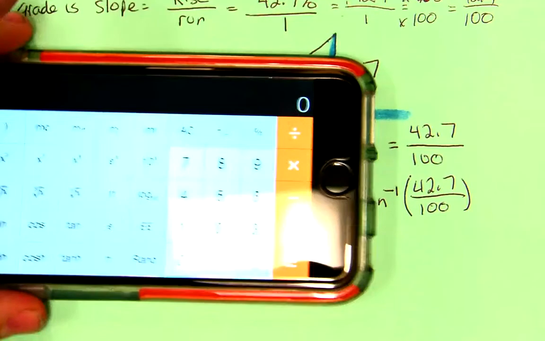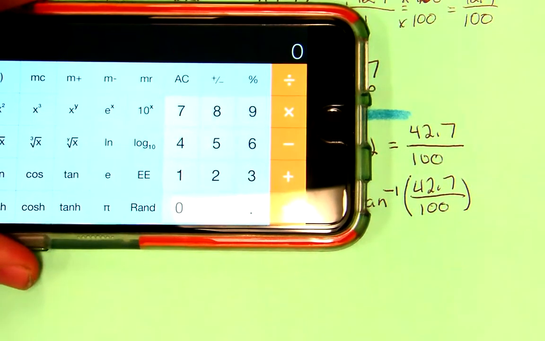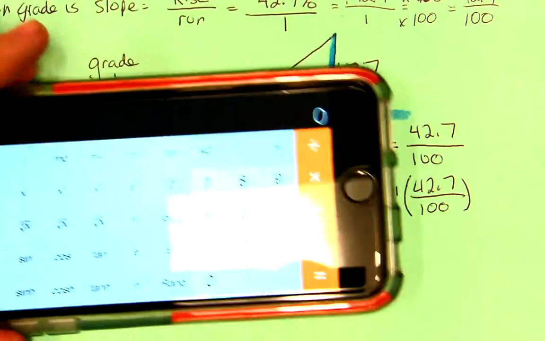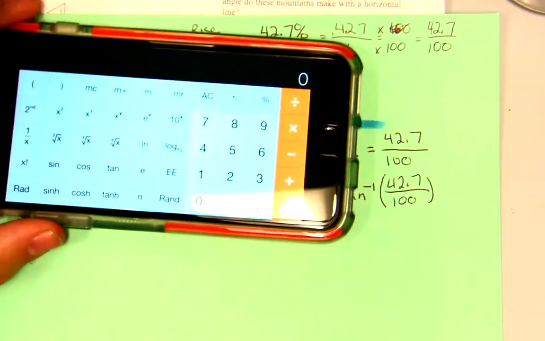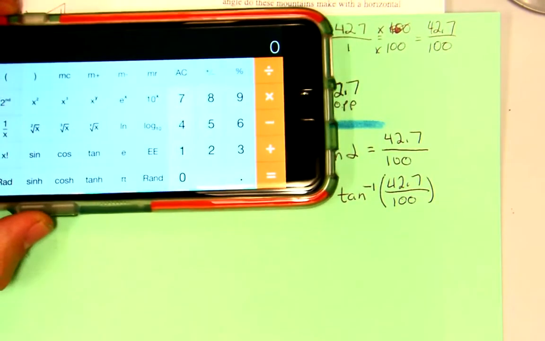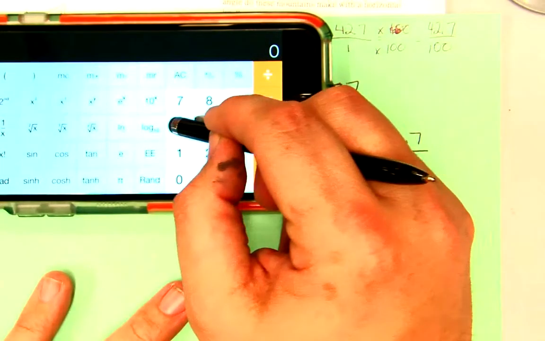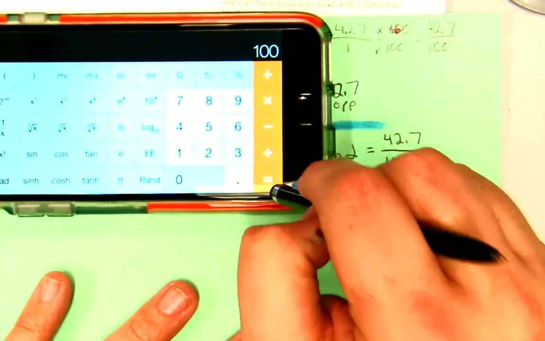Now, if you have a smartphone like this, or a scientific calculator, and we want to use the inverse tangent, here, let me zoom it out just a little bit so you can see the whole thing. I want to do the inverse tangent of 42.7 divided by 100. So I'm going to go 42.7, divide that by 100.